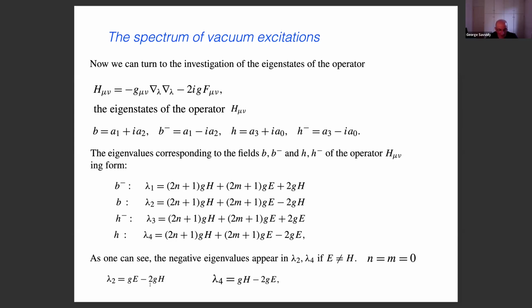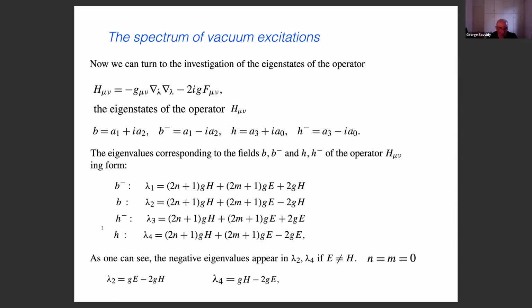I think that I did something wrong here, right? So if we have 0, it will be gh minus 2gh. So it will be here, I'm sorry, here should be just gh, ge minus gh.